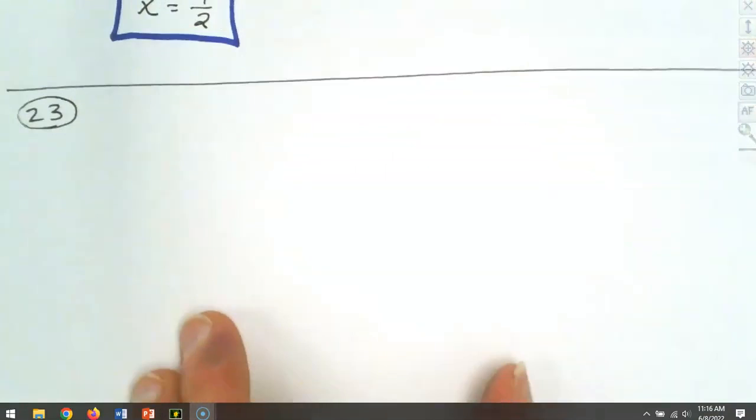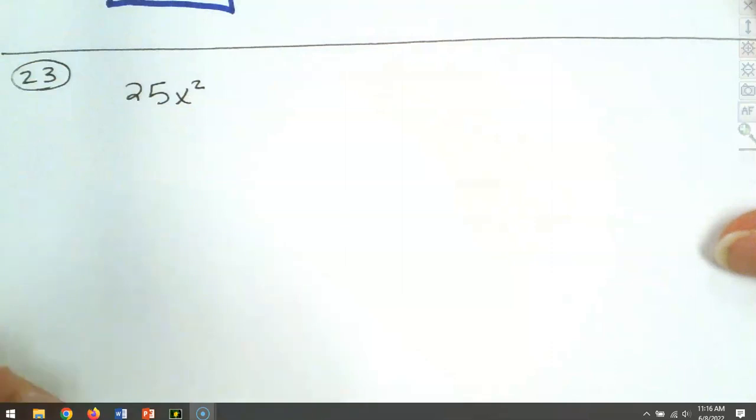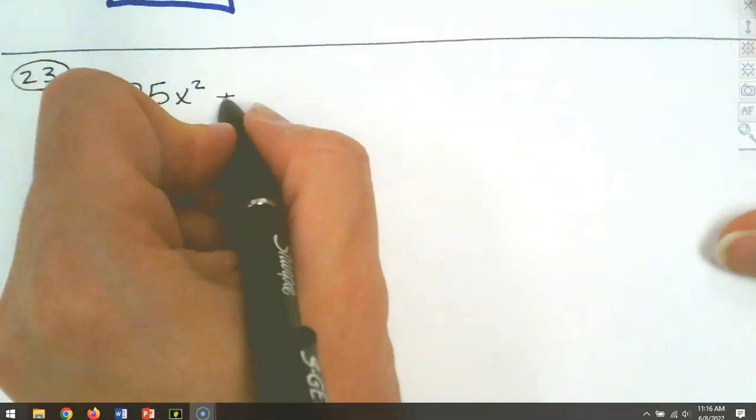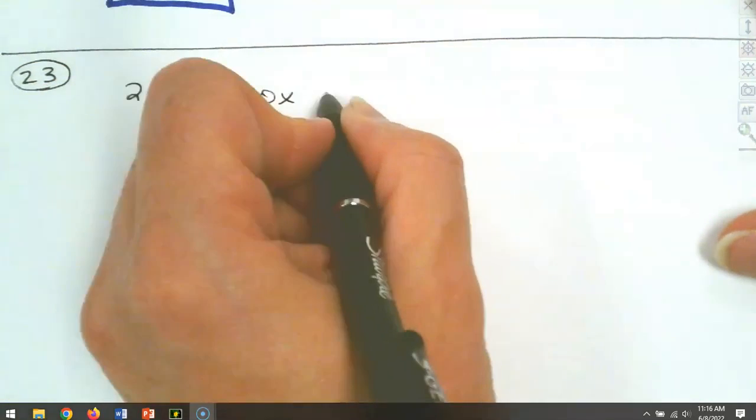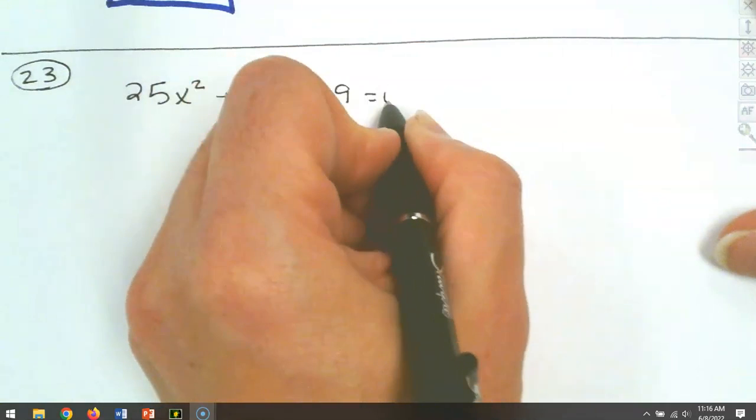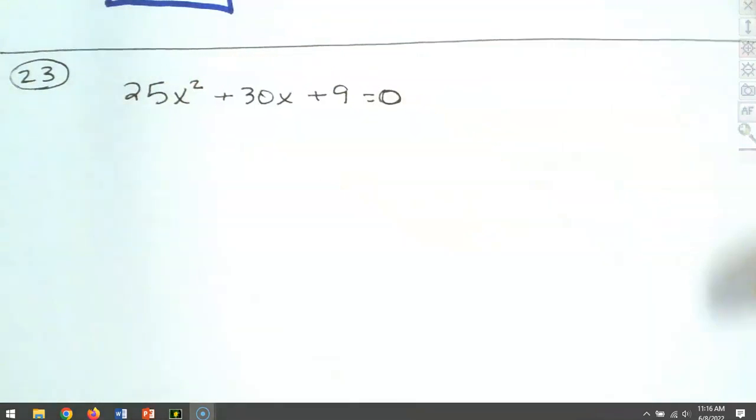These are called perfect square trinomials. You will encounter them once in a while. When the numbers are huge like this, when I've got a 25 and a 9, those are really large numbers.